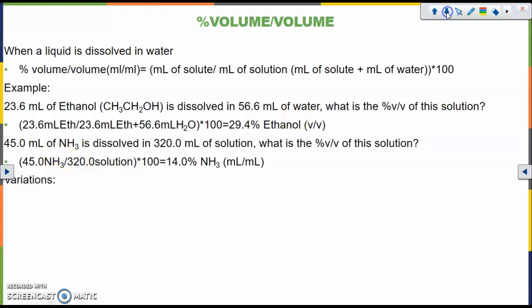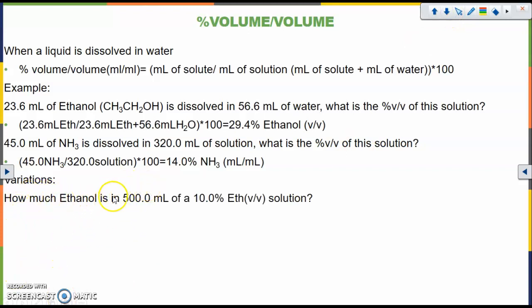Right? There are some variations with this example. So in the previous 2 examples, we have calculated the percent volume. Right? But you can also go from percent volume to the mils of solute or the mils of water if needed. Okay? So here is a variation. How much ethanol is in 500 mils of a 10% ethanol solution, and in this case percent volume ethanol solution.